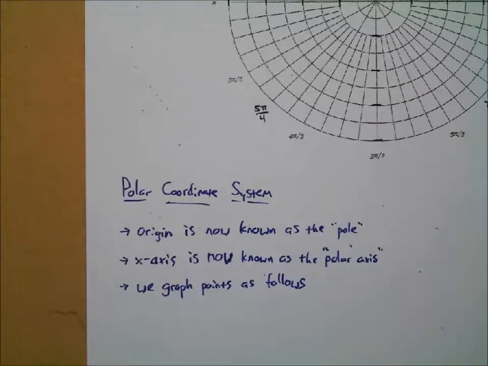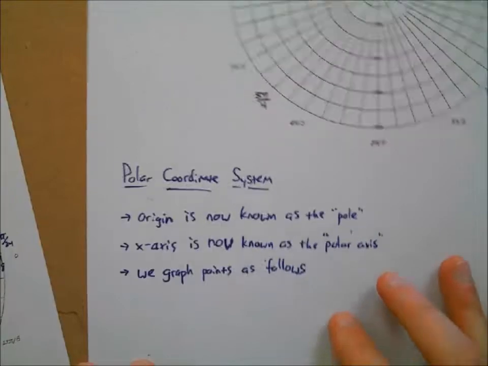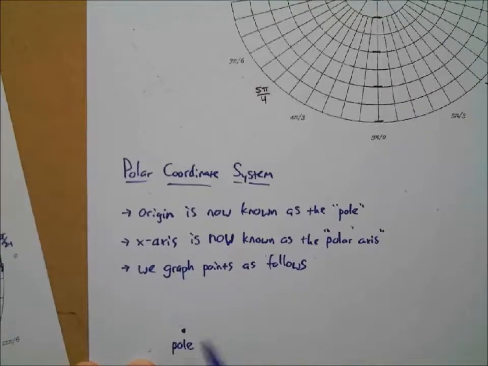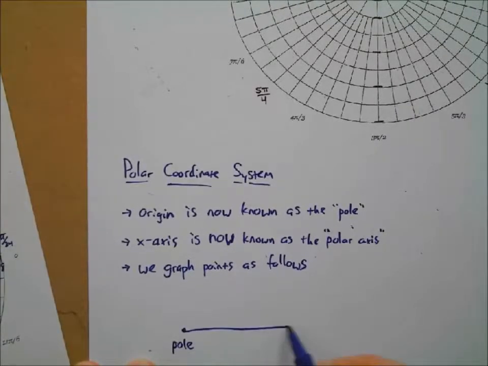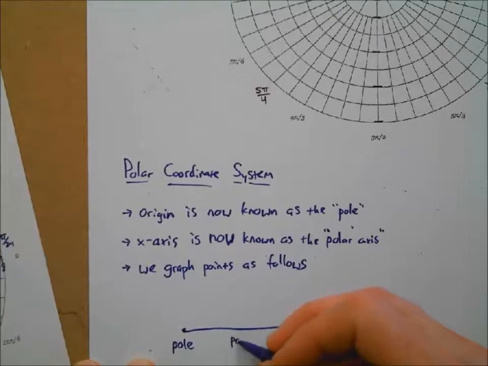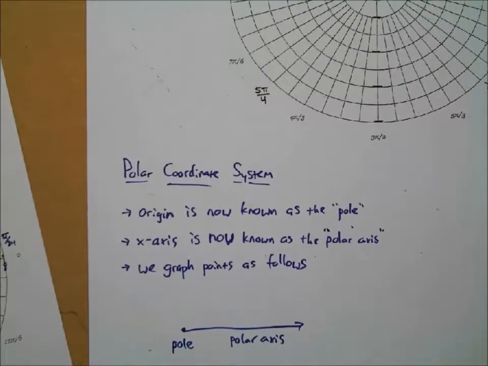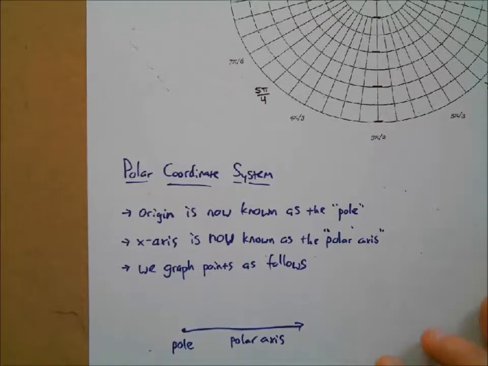Okay, and so here's how we locate points in polar coordinates. We have our pole, like the origin there. We also have the polar axis going out from our pole, and it is from this polar axis that we measure our angles.